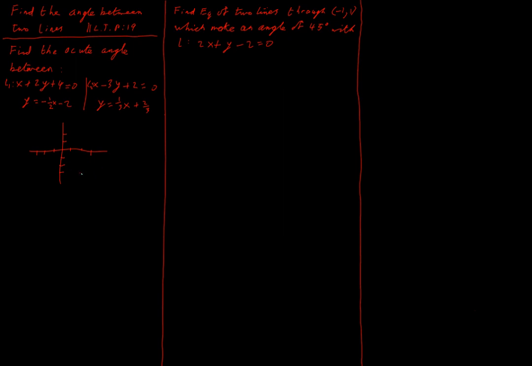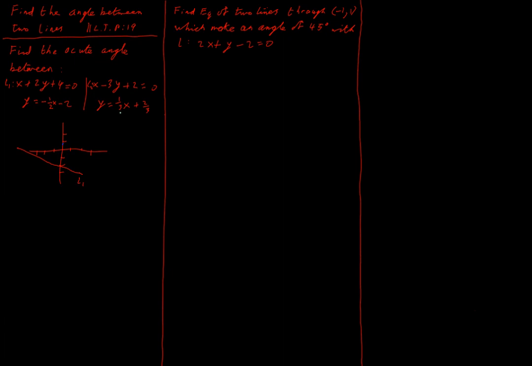That's giving me effectively 2 points on my line. So I'm going to go very crudely across like that. That's going to be my L1. And take a different color, and I'll try and do L2. And I have that it crosses the y-axis at 2/3, so that's 2/3 of 1, so I'm going to say that's roughly there.